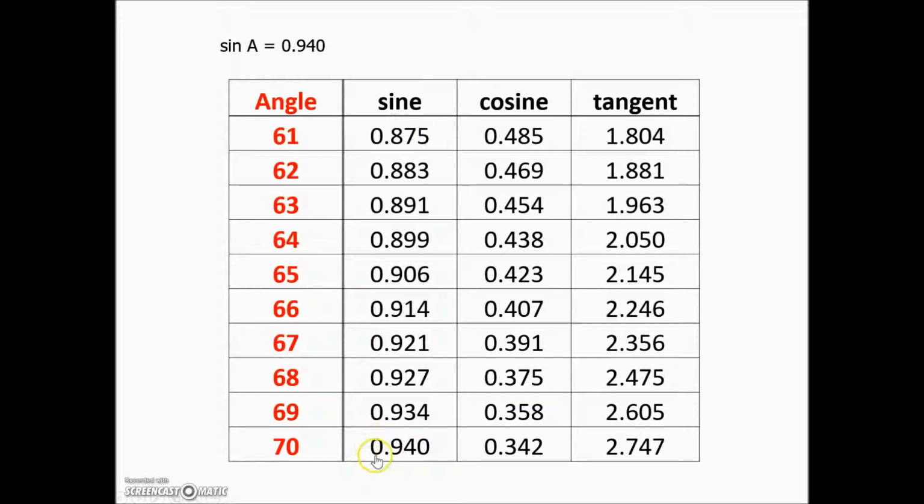If you've found 0.94, the ratio of the opposite and the hypotenuse side in a right triangle with that reference angle A, it will correspond with an angle of size 70.